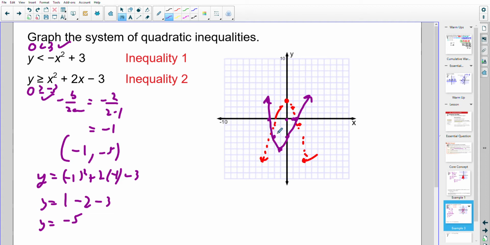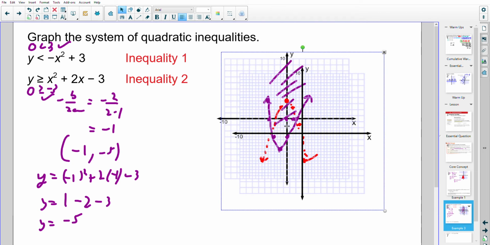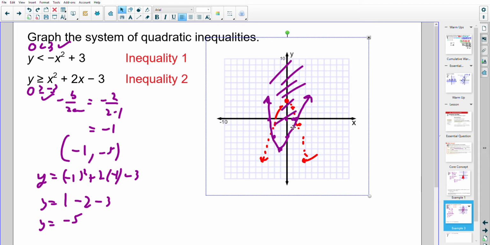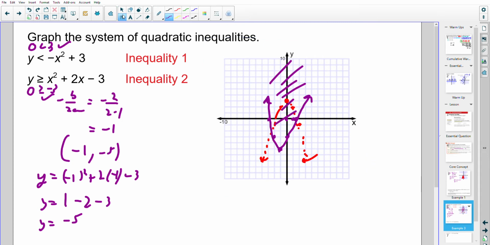Now, when I do the purple one, the shading actually is all of this area. There. All of that area, which means that it looks like that. And if I were to do the red one on the shading, it's going to look like this, where it comes down all the way through here.